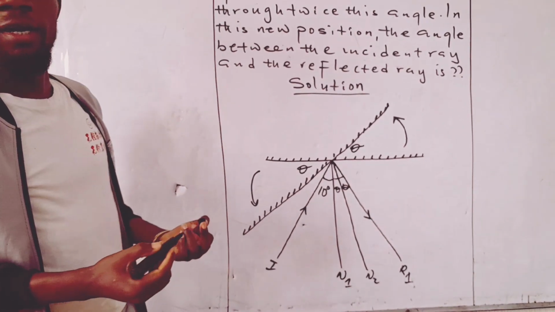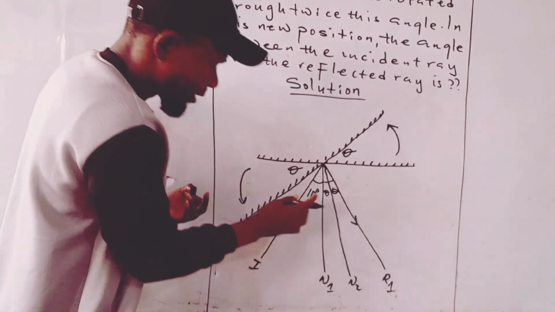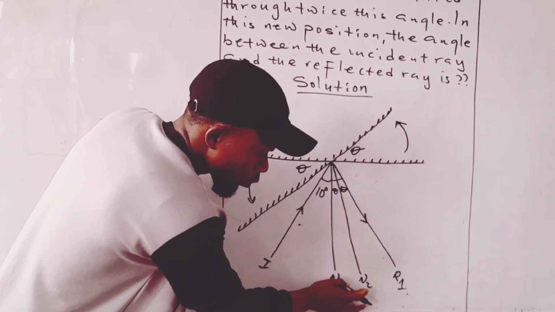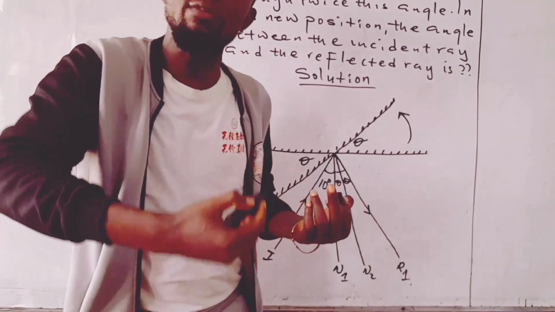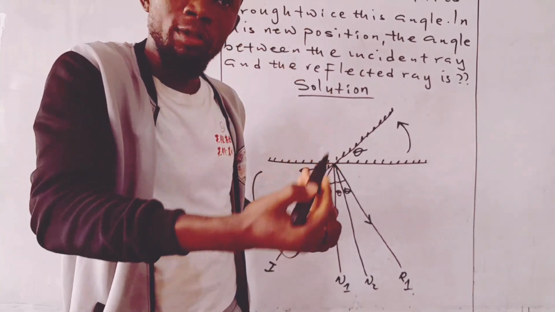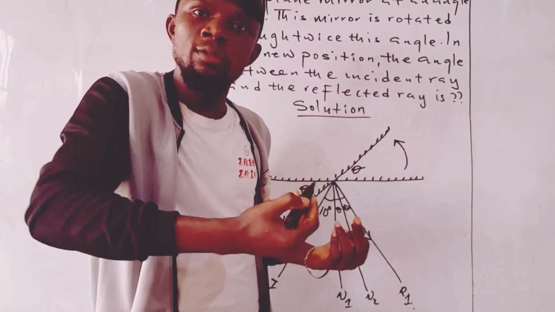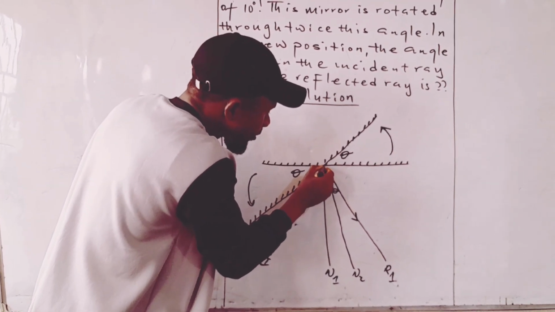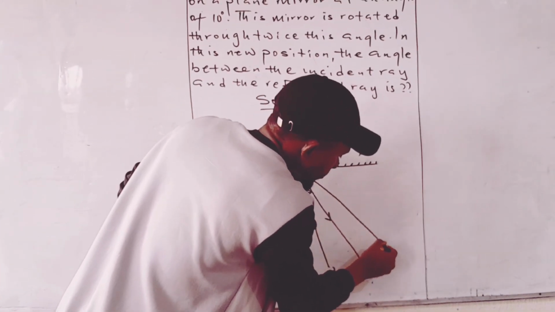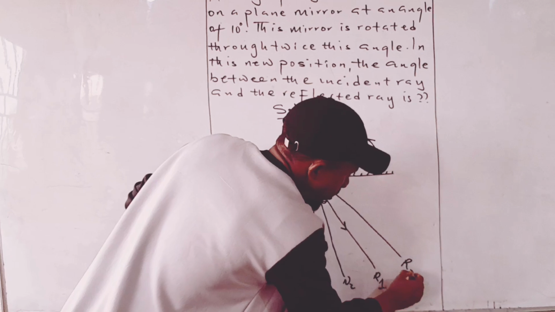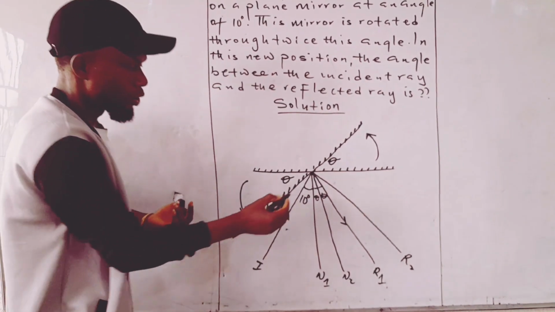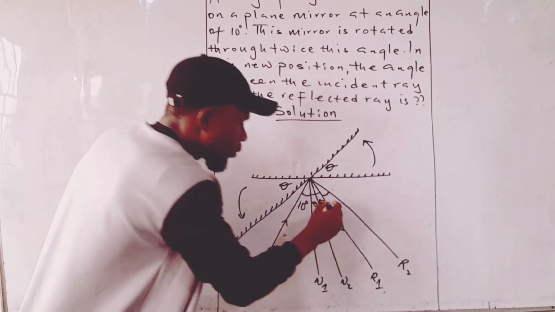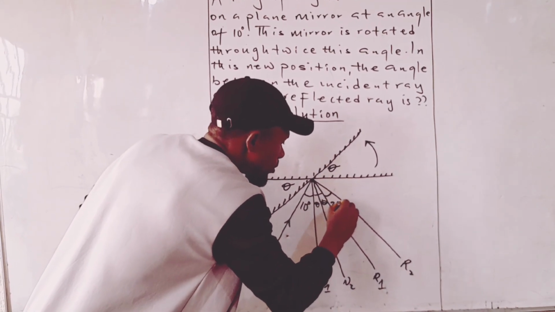So the rotation of the mirror gives us a new normal, which will give us another reflected ray, which is my R2. So this angle here will be theta plus theta, which is 2 theta.